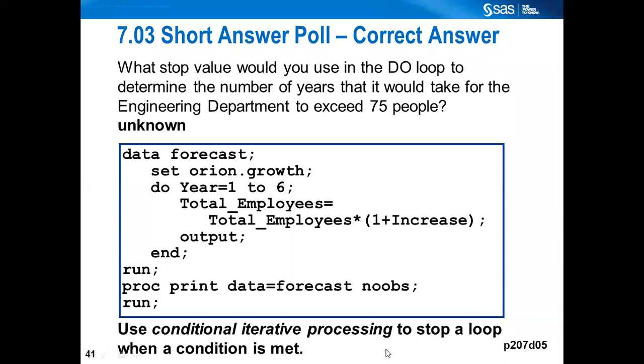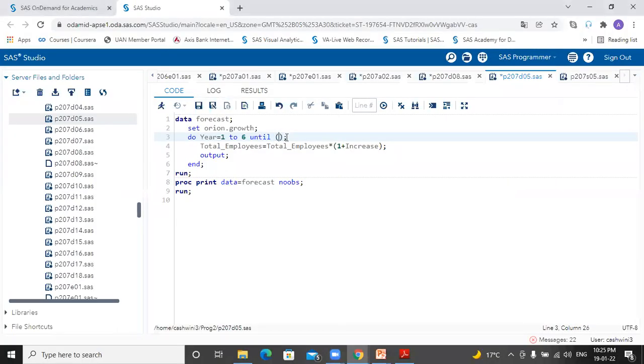So let's do here: until total_employees is greater than or equal to 75, and department by department.